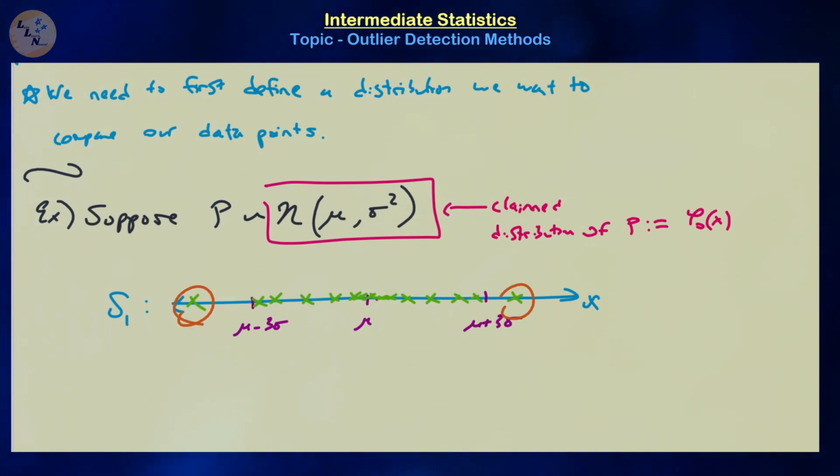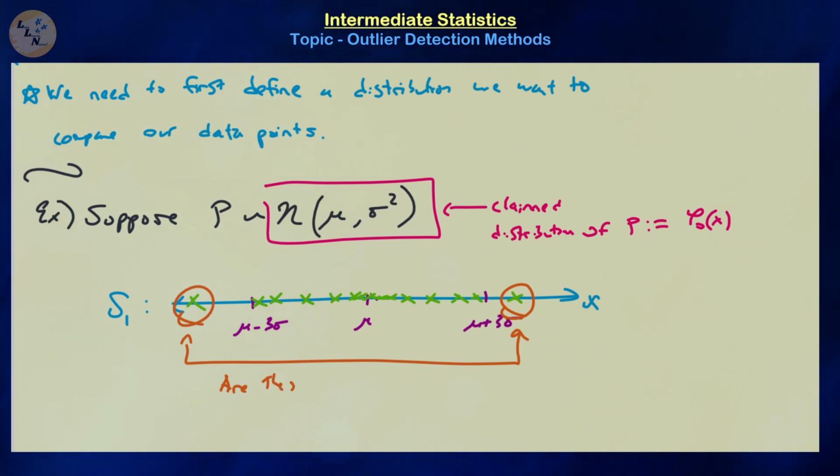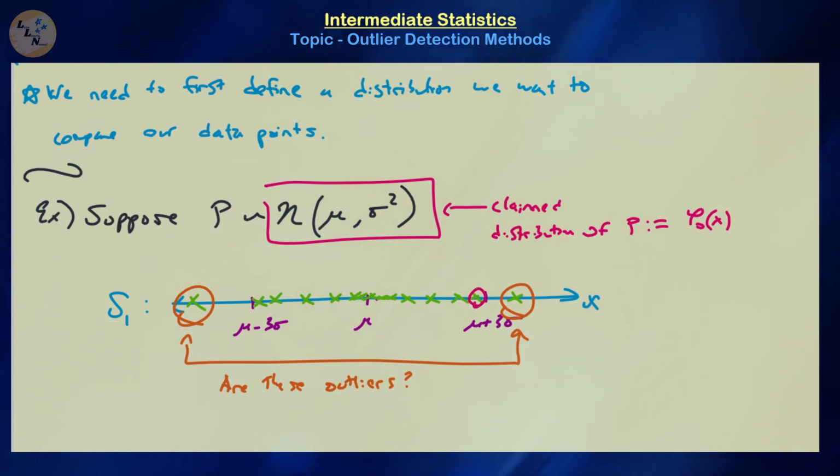The first 2 points that you probably want to look at are the extreme, maximum and minimum values, and ask the question, are these data points outliers? And if you decide that they are outliers, then you may want to consider possibly other points, maybe that point and that point, because they're close to these 99.7% boundaries.